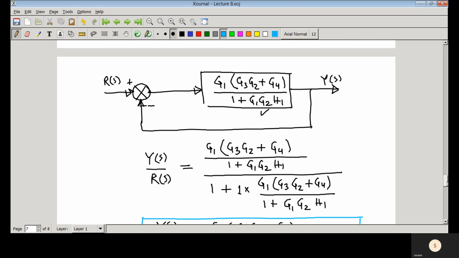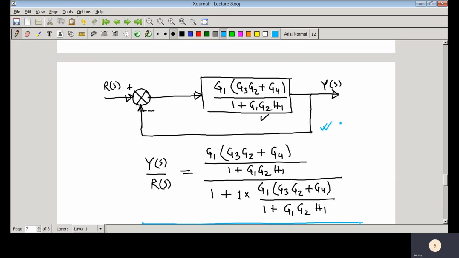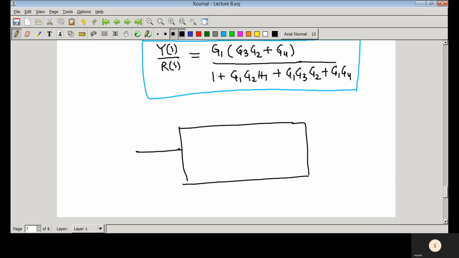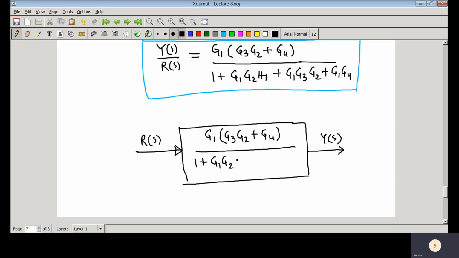If you simplify this particular block diagram, finally you can draw this block diagram representation. This is R(s), and you have Y(s), and inside it you have the transfer function: G1 into G3 G2 plus G4 divided by 1 plus G1 G2 H1 plus G1 G3 G2 plus G1 into G4.